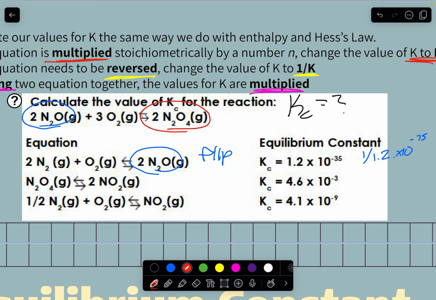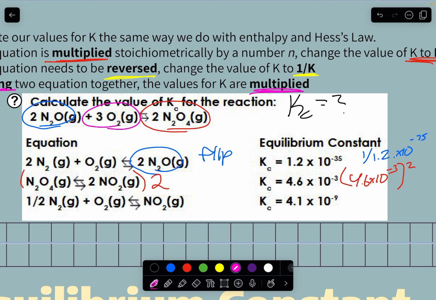Let's do our N2O4. We want 2 on the left side, and right now we only have 1, so I'm going to multiply that stoichiometrically by 2. Remember, if I multiply by 2, I do this Kc value to the power of 2. I'm going to square it. Then for O2, I need 3 of those on the left.